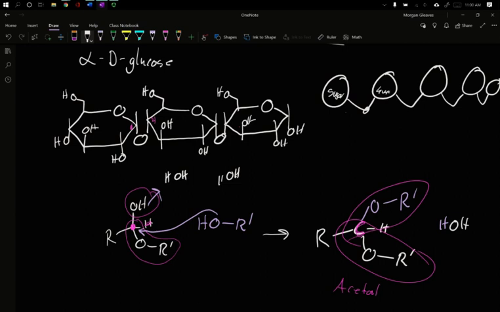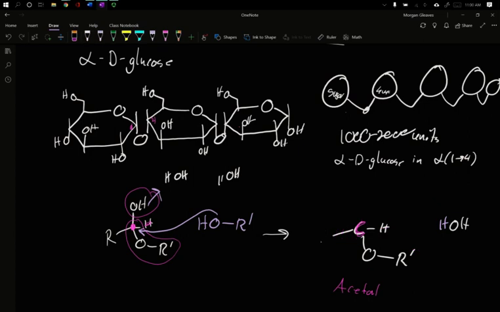You can link sugars into enormous structures. If you have 1,000 to 2,000 units of alpha D-glucose in alpha 1,4 linkages, there's actually a name for this.